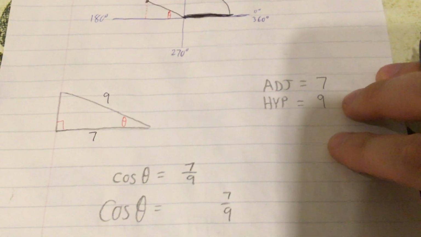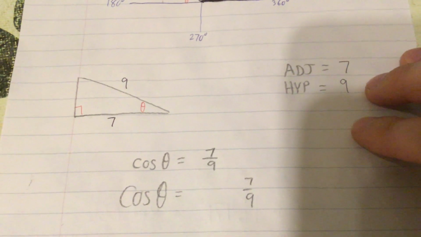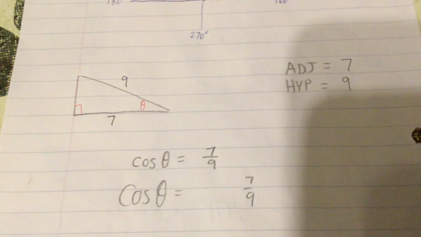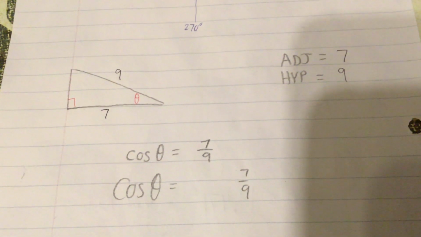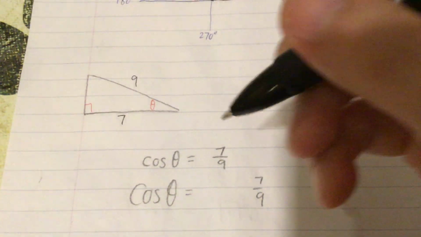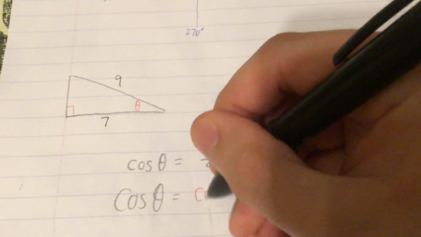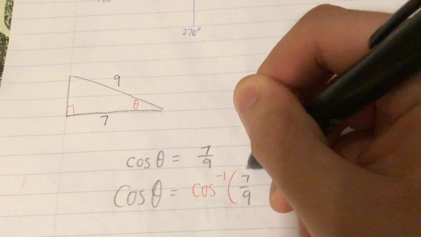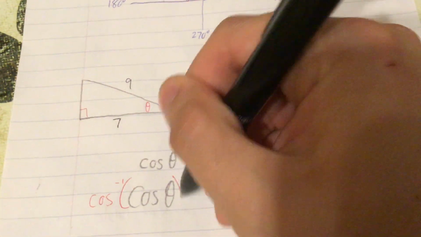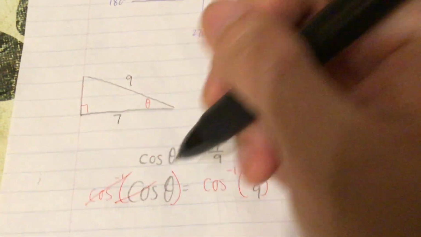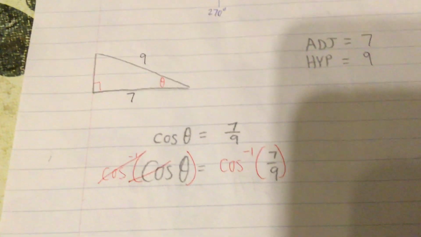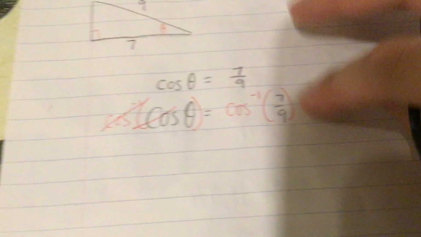So now that I've got the cosine of theta is equal to 7/9, how do I get angle theta isolated? The way to solve for an unknown angle is to use an inverse trig function. So I'm going to apply cosine inverse to both sides of the equation. Inverse functions cancel each other out to get to the identity, angle theta.